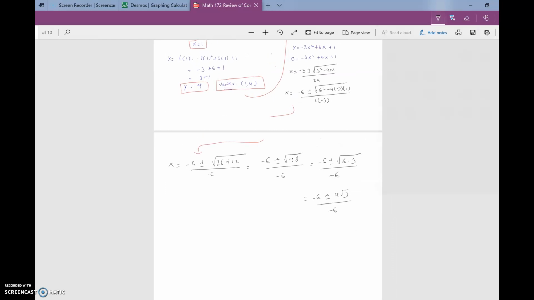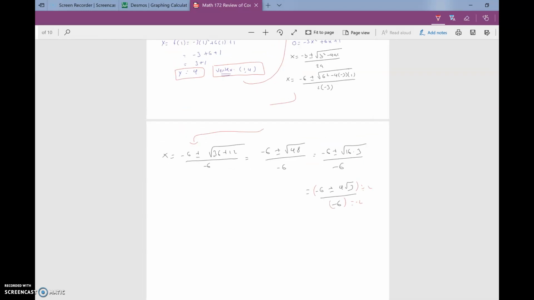So what I'm going to do here is divide top and bottom by a negative 2. And this will give us x is equal to 2 minus, technically plus, 2 square root of 3 divided by 3.